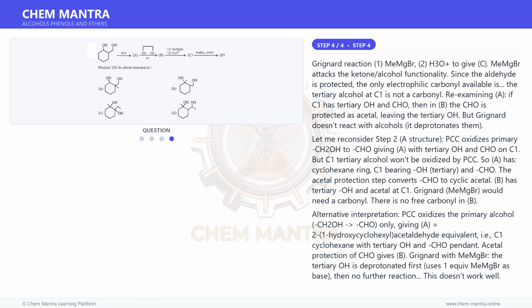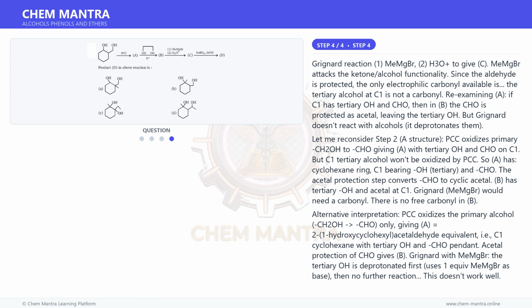B is the acetal protection of CHO, with the tertiary OH free. MeMgBr cannot add to an acetal. However, wait, what if the acetal reagent shown is not ethylene glycol but a 1,3-dioxane precursor? The image shows a 4-carbon diol, suggesting HOCH2CH2CH2CH2OH. No, it looks like ethylene glycol, a 2-carbon chain, HOCH2CH2OH.